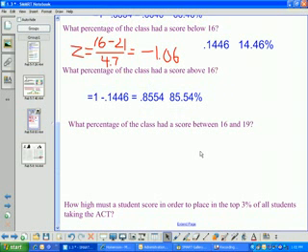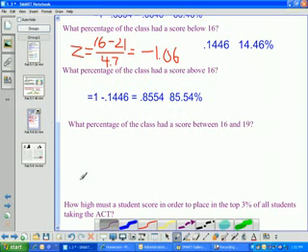So now if I'm looking for those that are between 16 and 19, let's talk about this a little bit graphically.